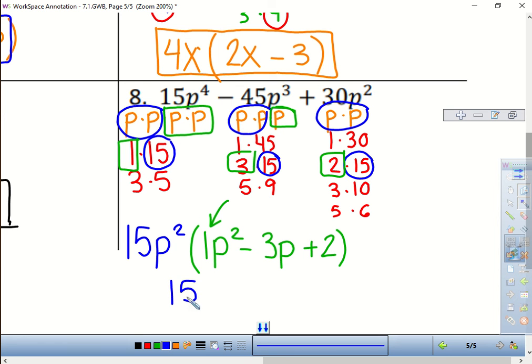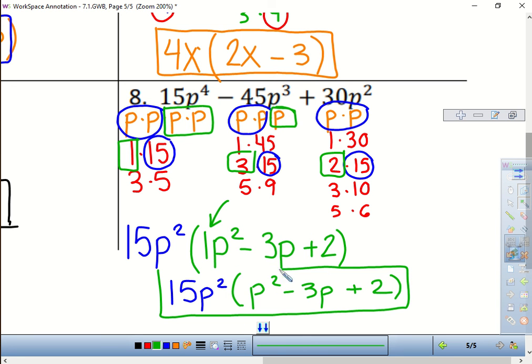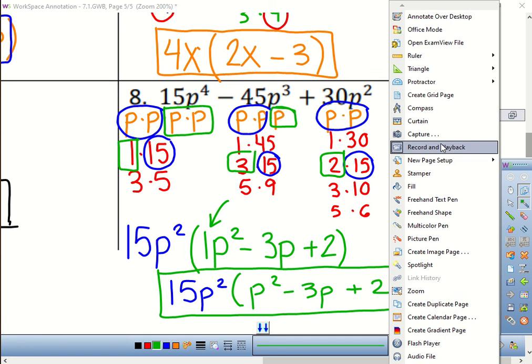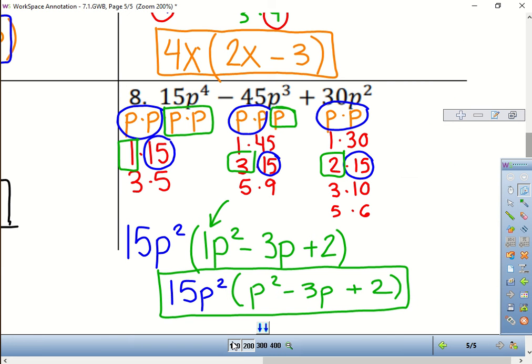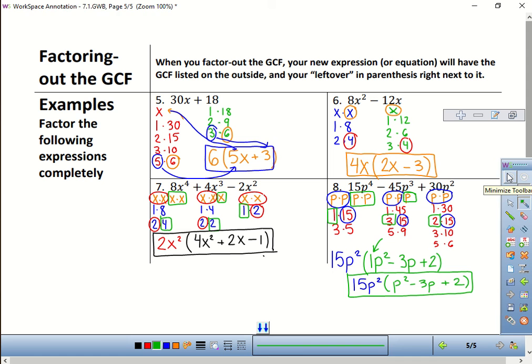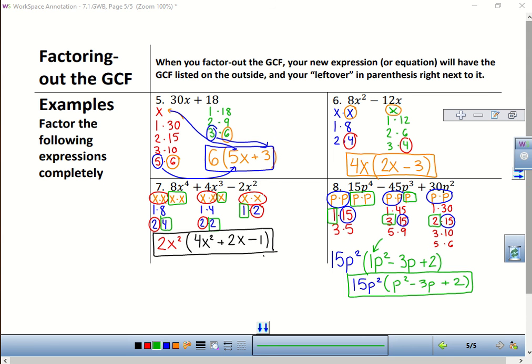So you can just write it as 15p squared times p squared minus 3p plus 2. And that will be your final answer. So I will zoom this screen out in case you missed anything so you can see it all. That's what your sheet should look like. Does anyone have any questions on that?